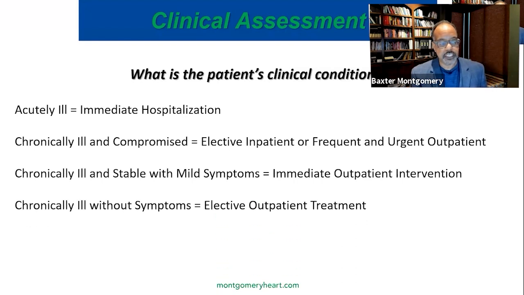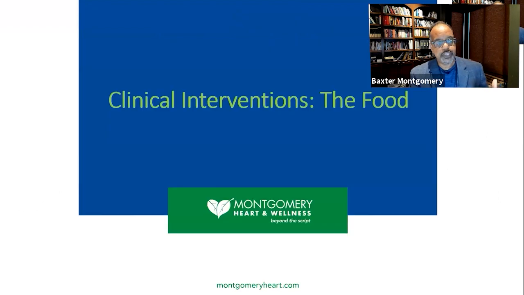So these are patients that we can see immediately on an outpatient basis. And another example is a chronically ill patient without symptoms. Then we can do more of an elective outpatient follow-up. So this gives you an idea in terms of how we make that triage decision and how we use that judgment approach.